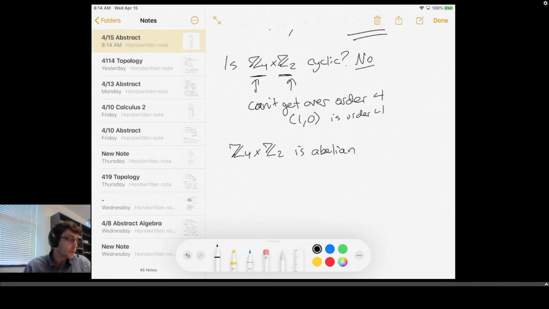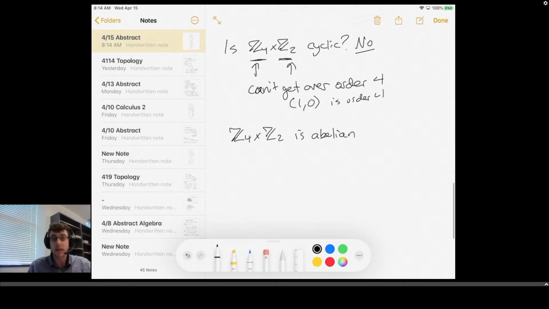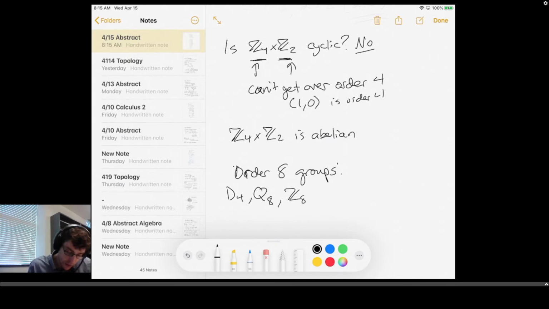So then the last thing was to determine, okay, is this an order 8 group we have seen before, right? So we've seen order 8 groups. So we've seen D4, we've seen the quaternions, we've seen the cyclic group of order 8, and we've also seen L3, right, that light switch group.